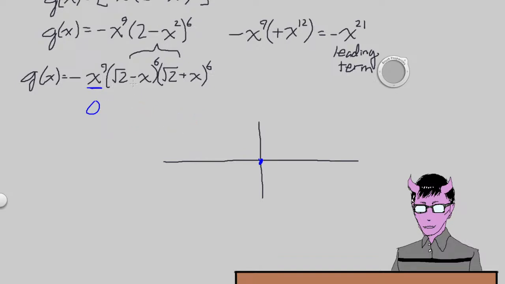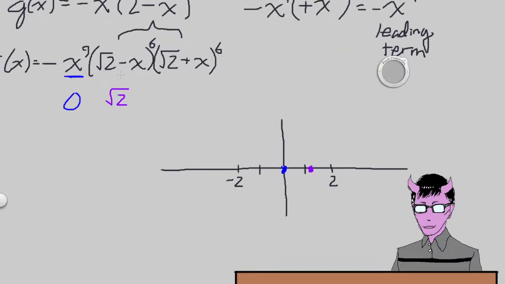Okay. So right here, we have a 0 at root 2. I'm just going to call this 1 right here. This is 2. This is negative 1, and this is negative 2.